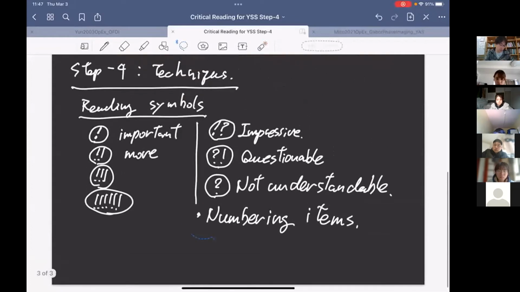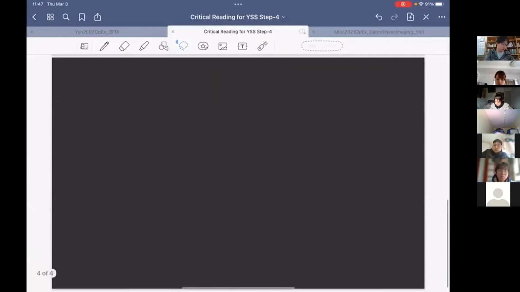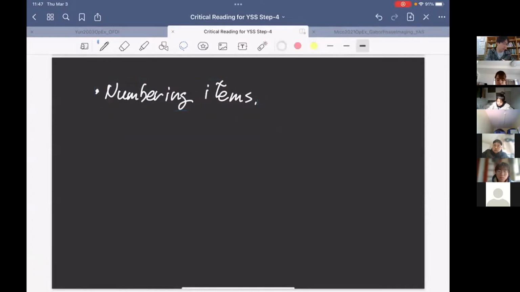Maybe numbering items. I'm going to bring it to the next page. Numbering items. And also, numbering item is to clarify the logic.